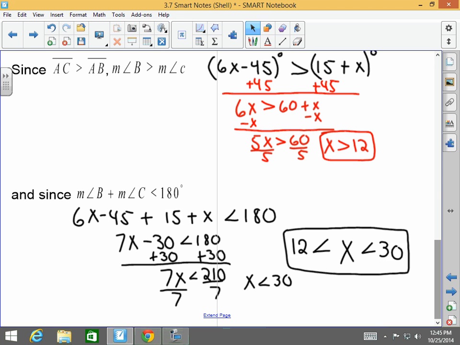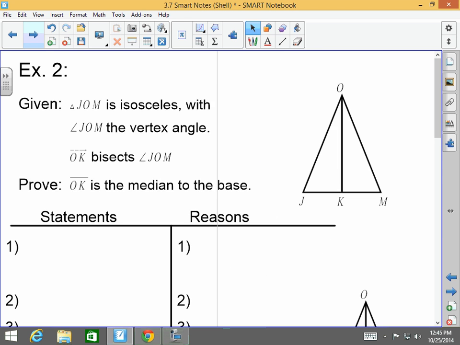All right, now the real fun part, your favorite part, proofs. For example 2, we have this triangle JOM, which is isosceles with angle JOM as the vertex angle. We're also given that OK, or ray OK, bisects angle JOM.